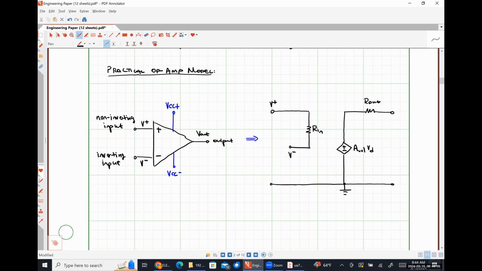All right, so now let's talk very briefly about our differential voltage VD, which is playing the role of the input voltage in our model that we developed a moment ago. So an operational amplifier in its most basic form is just a very fancy differential amplifier. And all that means is that it amplifies the difference in the input signals.